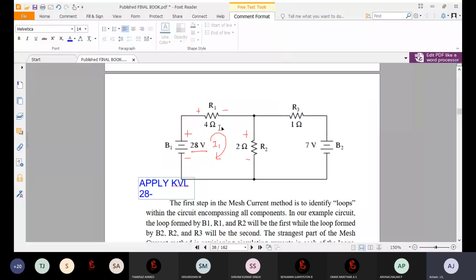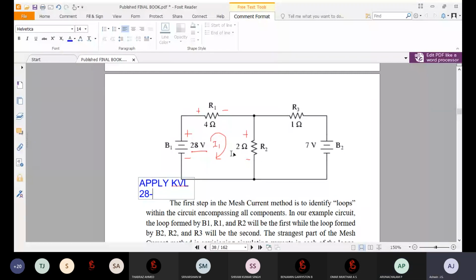In KVL we write the voltage only, V1, V2, V3. Here R is available, and we don't know what the voltage is, and I is available. So what are you going to do, any idea? We have to find V, sir. Yeah, we don't know I. So I'm not going to identify it. First I'm going to write the equation.